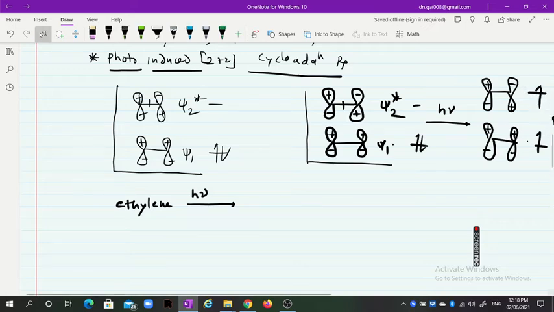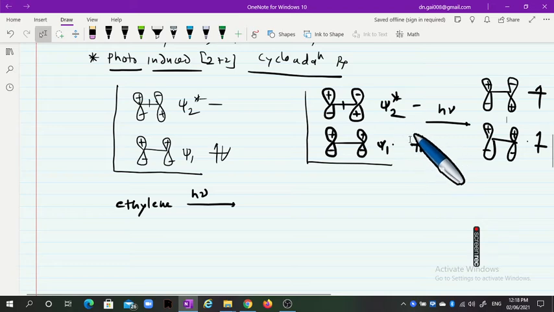When you irradiate with light, one of the electrons gets excited from this to the other energy level, from psi1 to psi2 star.